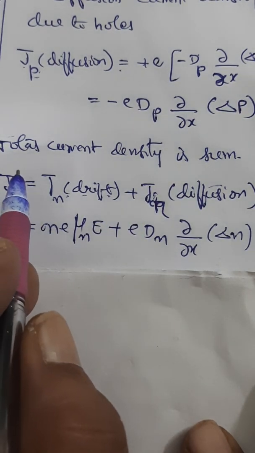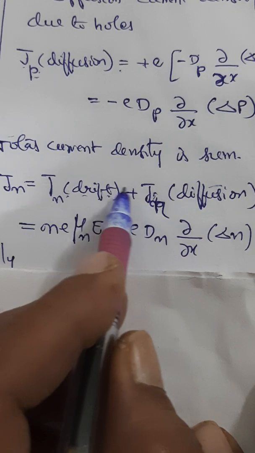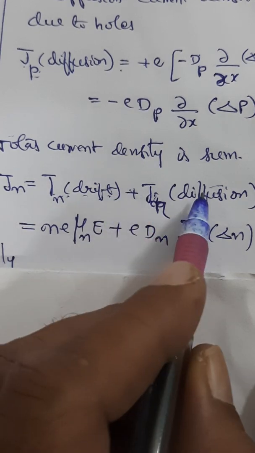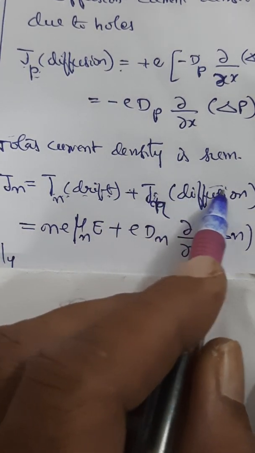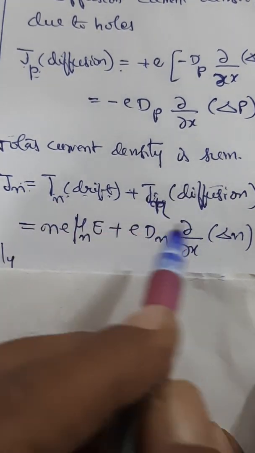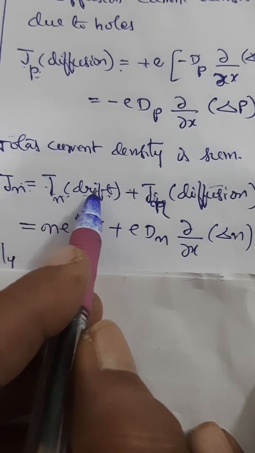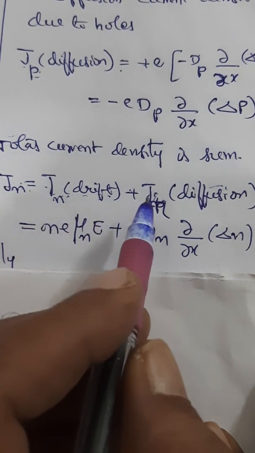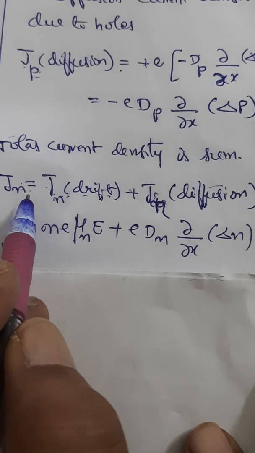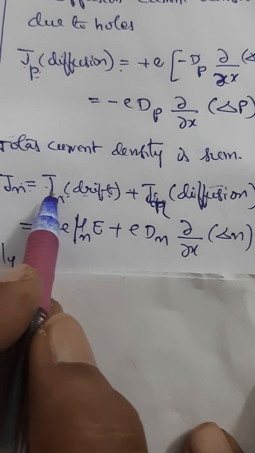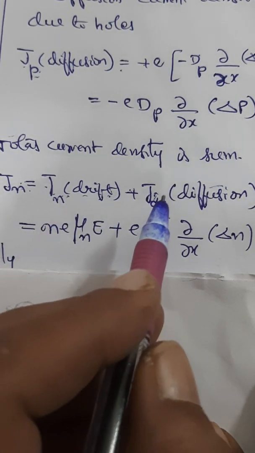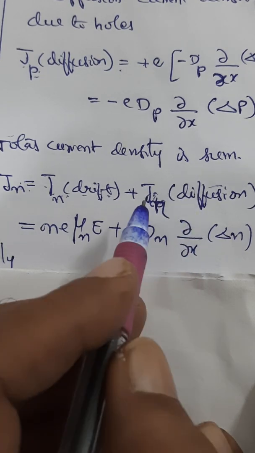The total current density due to electrons is the sum of current density due to drift of electrons and current density due to diffusion of electrons. That means Jn will come like this. Similarly for Jp, along the same lines: if you want to calculate the total current density due to holes, it is the sum of current density due to diffusion of holes and current density due to drift of holes.